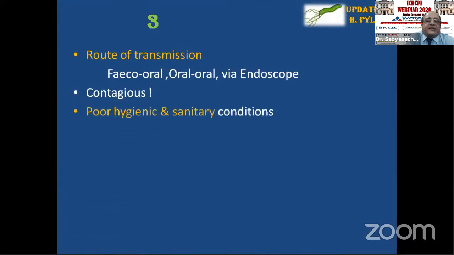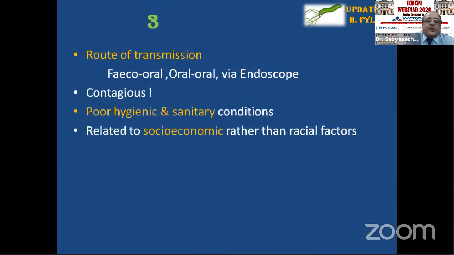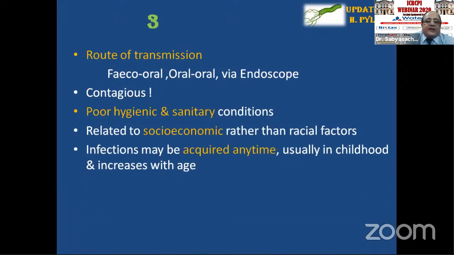Poor hygiene, sanitary conditions, and socioeconomic conditions are more important than racial factors. Infection may be acquired at any time from childhood to increased age. The earlier you acquire the infection, the more difficult it is to control unless you intervene.